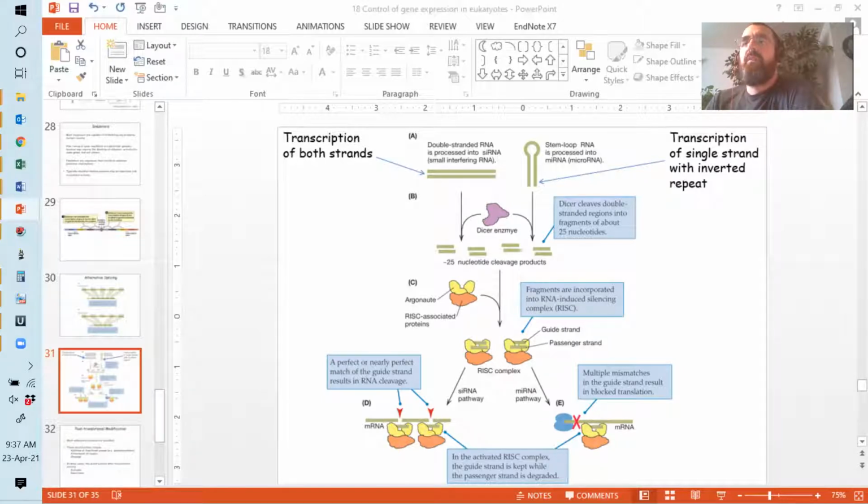Let's just type that up. Those are called, generally speaking, ncRNAs, and are often involved in mRNA stability and control of translation.